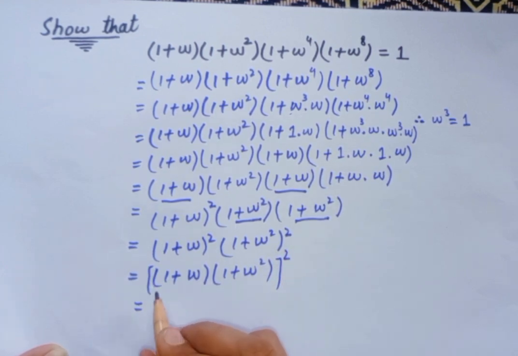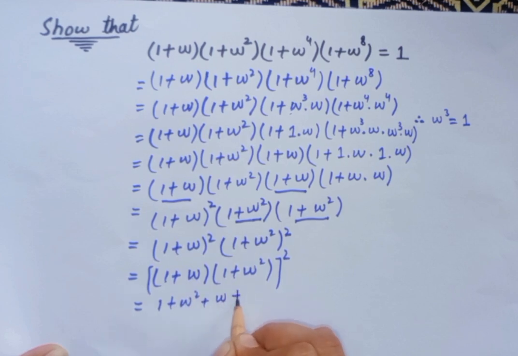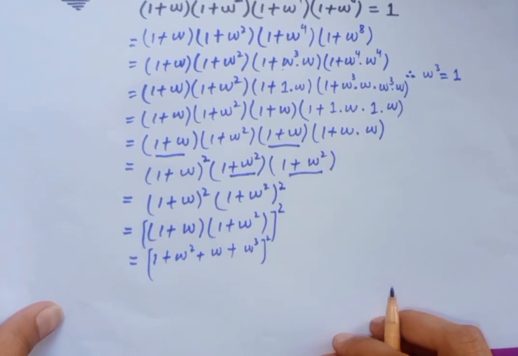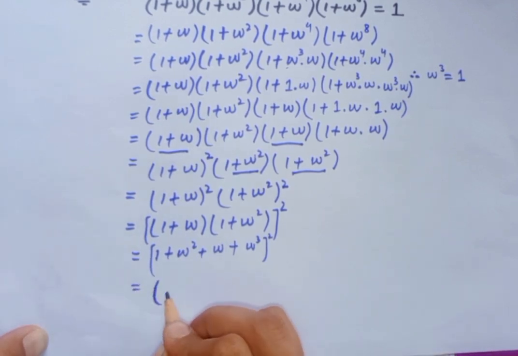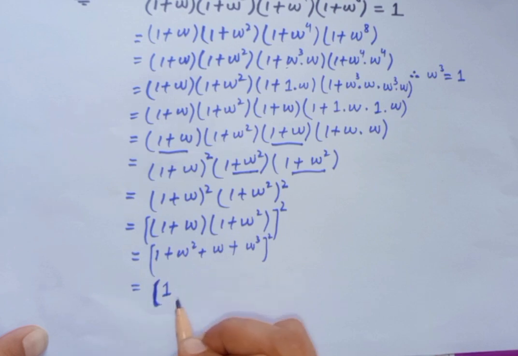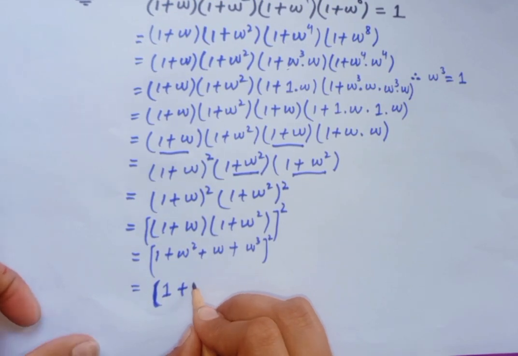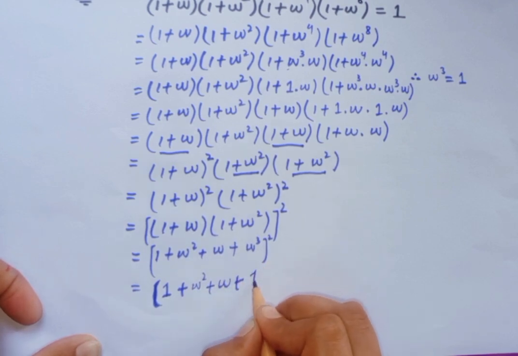Now multiplying these two factors: 1 times ω is ω, 1 times 1 is 1, 1 times ω² is ω², ω times ω is ω², ω times ω² is ω³, and whole square. So (1 + ω² + ω + ω³) whole square, and ω³ is 1.